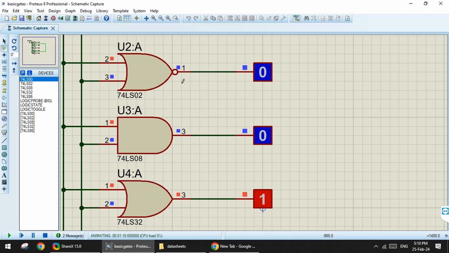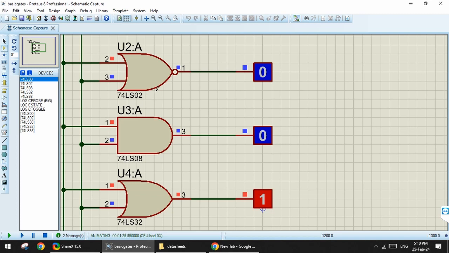And more important than that is, how do I know that a 2 input NOR gate is the 74LS02 IC?